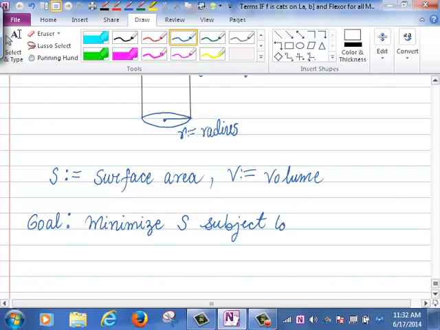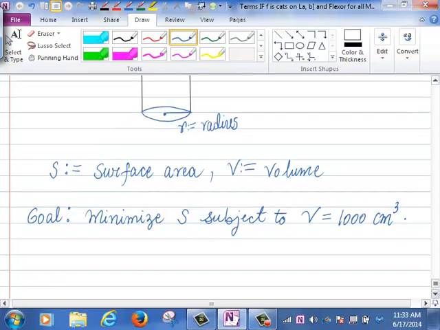Subject to the condition that the volume has to be what? 1 liter means, in terms of cc, 1,000 cc, right? Or I mean centimeter cubed. When I say that, 1 liter means 1,000 centimeter cubed. So with this condition, I want to minimize the surface area.